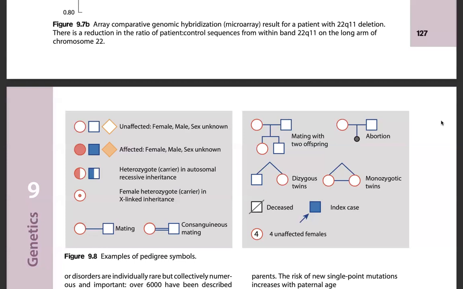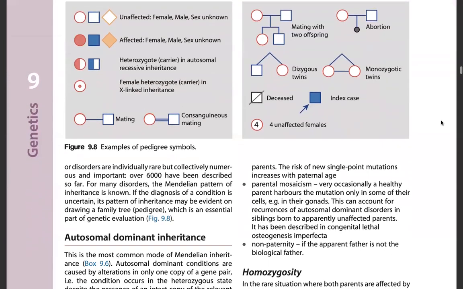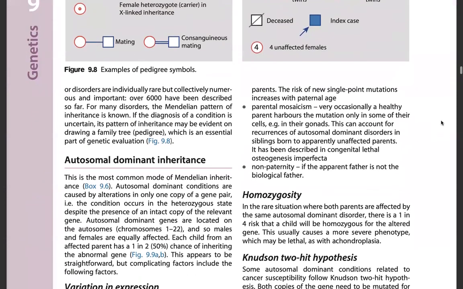Deceased are shown with a line crossing a square for a male, or a circle for a female. The index case is shaded with an arrow, and an unaffected female is a circle which is not shaded, as shown.